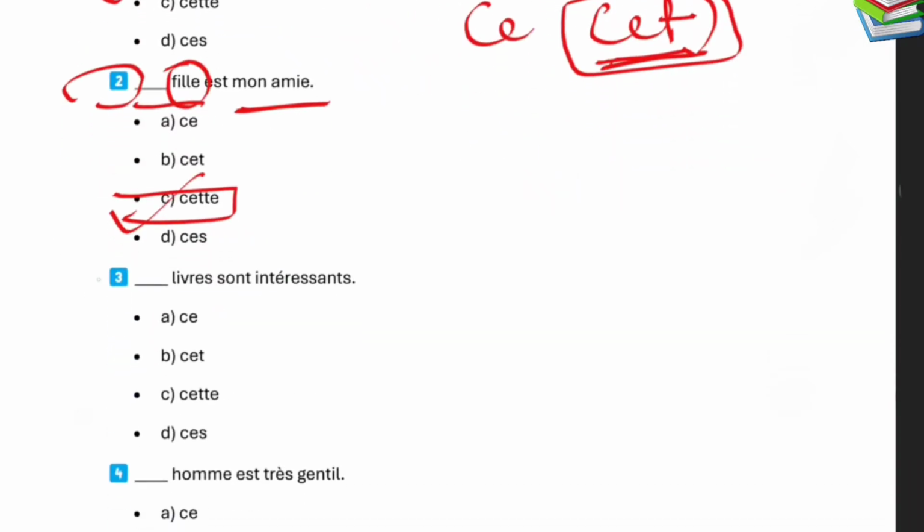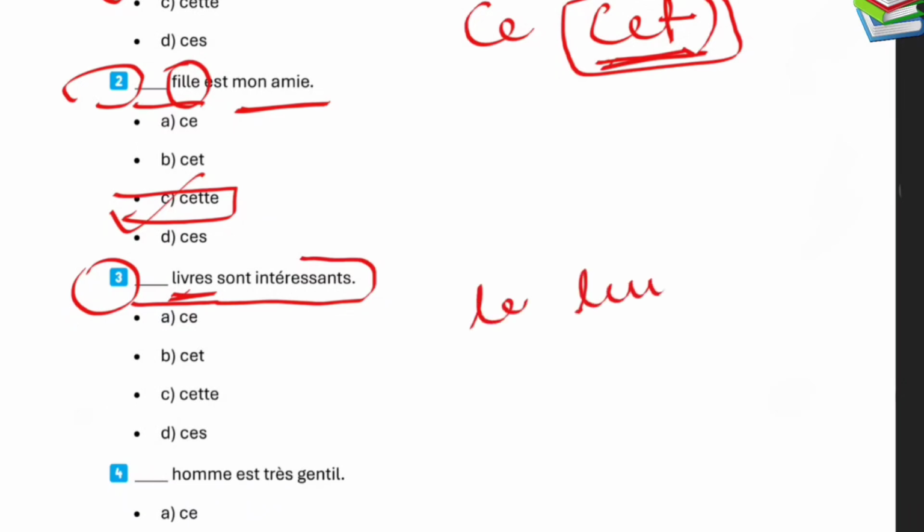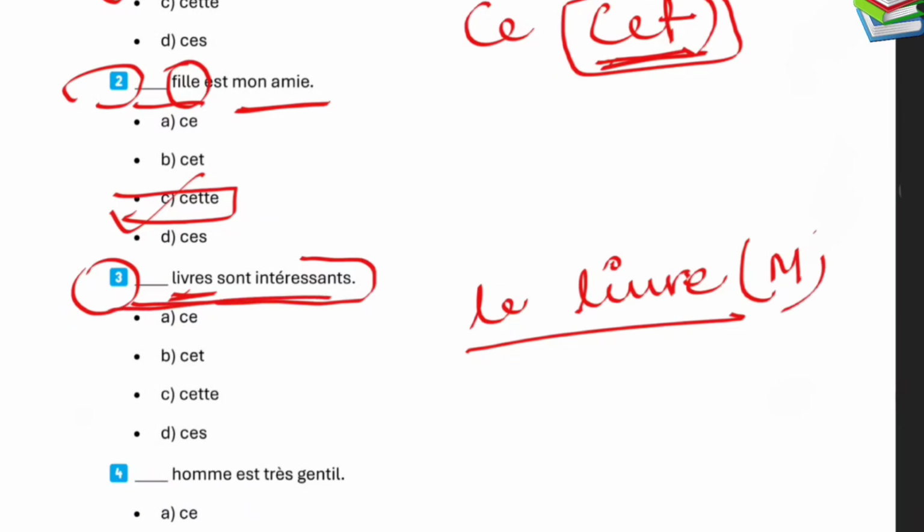Okay. Next, third one. Ces livres sont intéressants. Now have a look. This is plural. We say le livre. So basically book is masculine. Yes, but in this case it doesn't matter because either it is masculine plural or feminine plural, we just have one equivalent. So ces will be the answer.